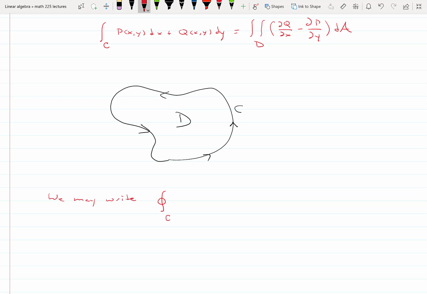This little circle indicates a couple of things. It indicates that the curve is closed and that it's positively oriented. So we only put that little circle along the middle of the integral sign if the curve satisfies the conditions necessary for Green's theorem, if it's a positively oriented closed curve.